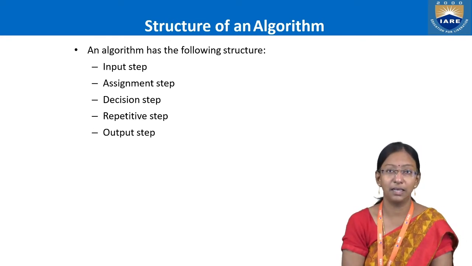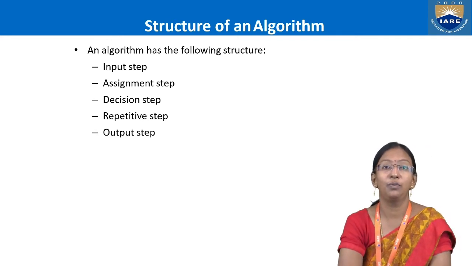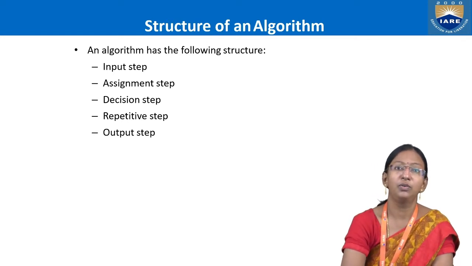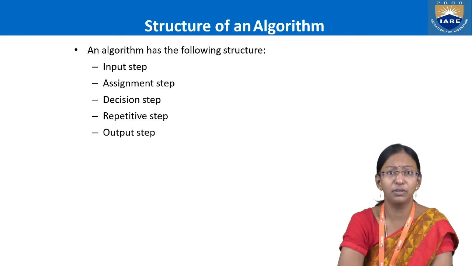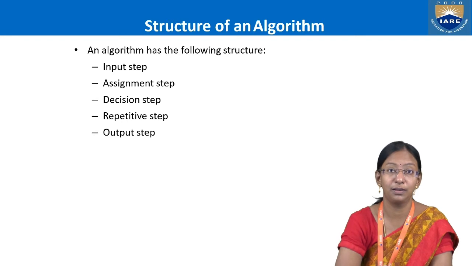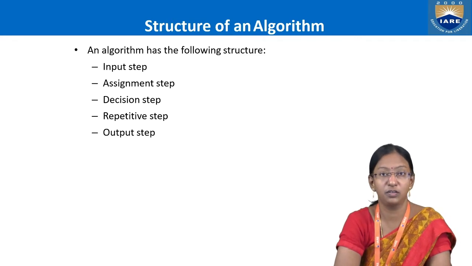The next is the assignment step. What do you mean by assignment step? At times we need values. Inputs, okay. 2 variables you have taken. You need to feed some value to that, assign some value to that, right? To perform the addition operation, because our task is to add them, right? So that is the assignment step. Next is the decision making step.